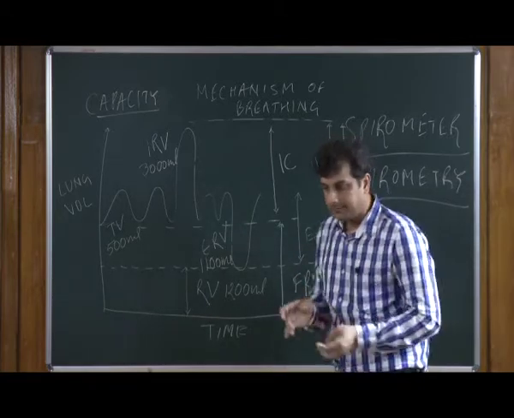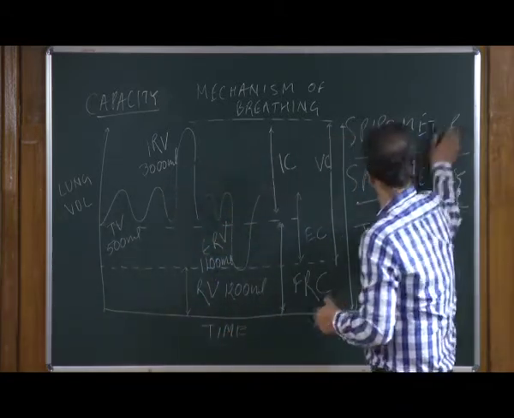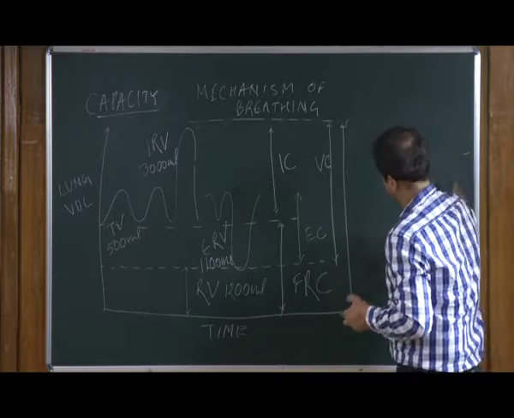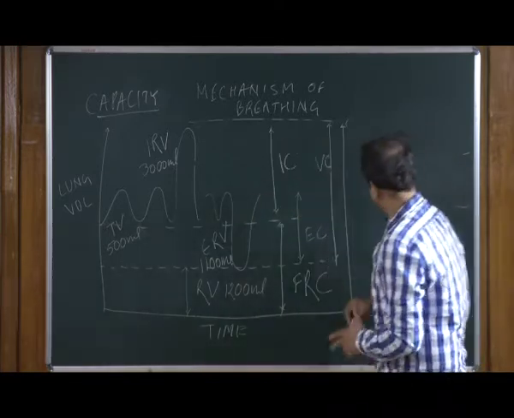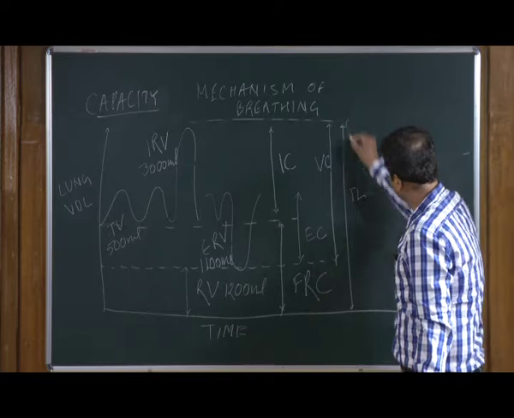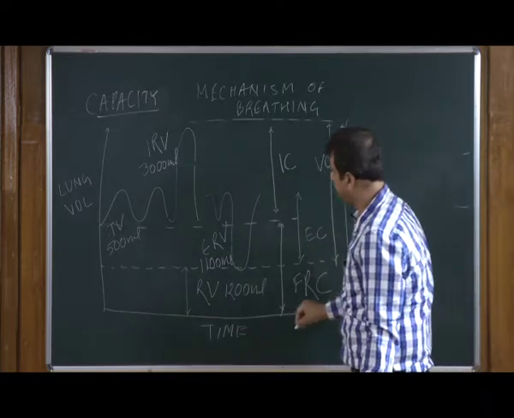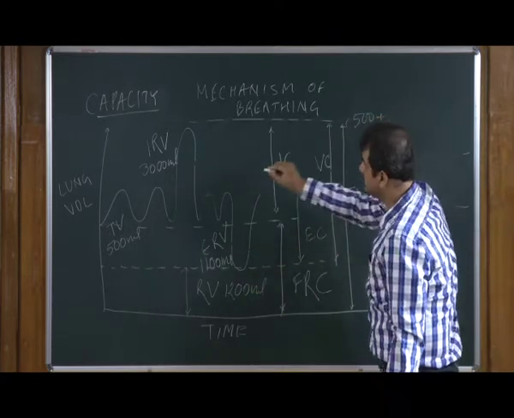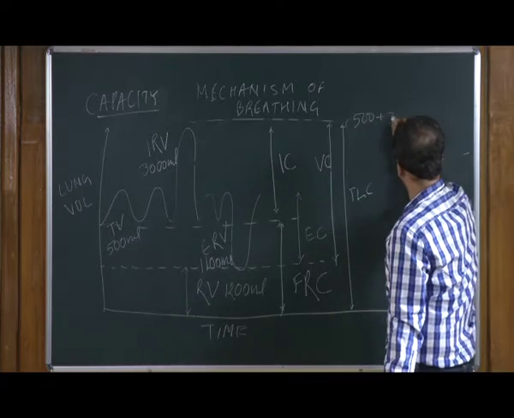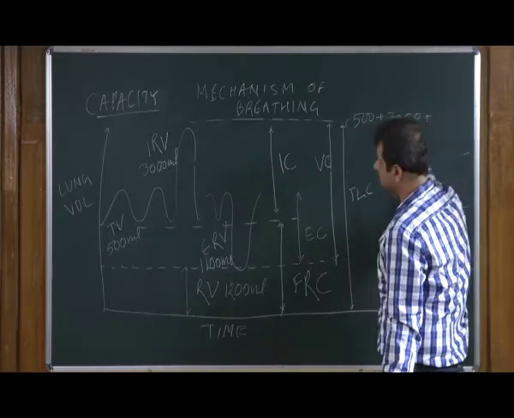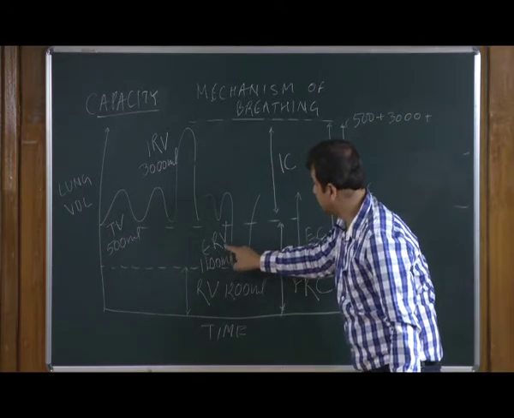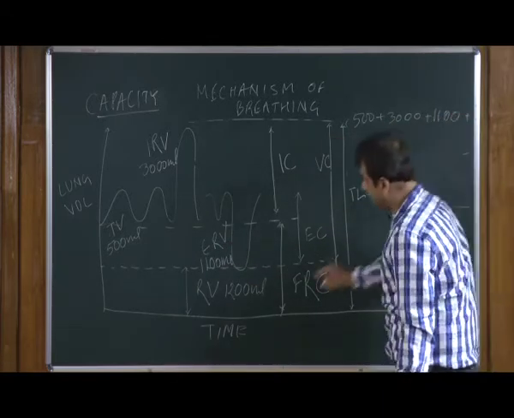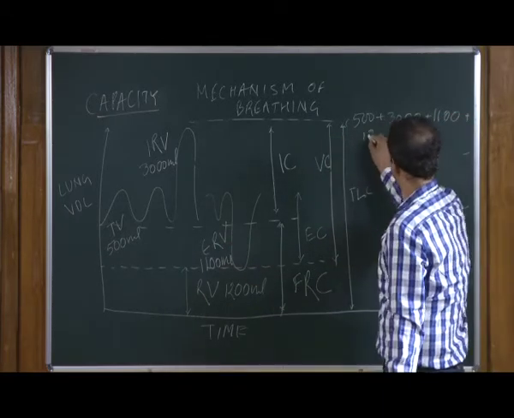Now, we will just do some calculation here. If we see the total lung capacity, which is the mixture of all, we add tidal volume 500 plus inspiratory reserve volume 3000 plus expiratory reserve volume 1100, and then residual volume 1200.